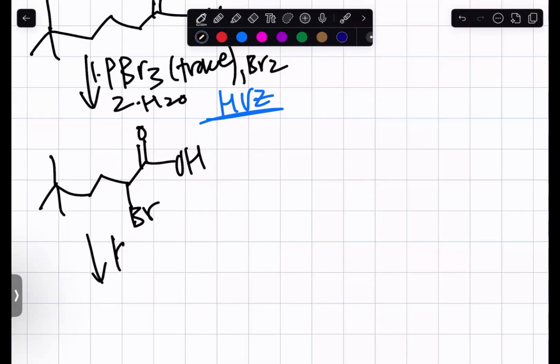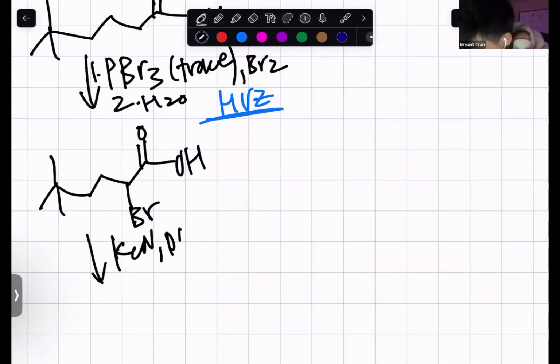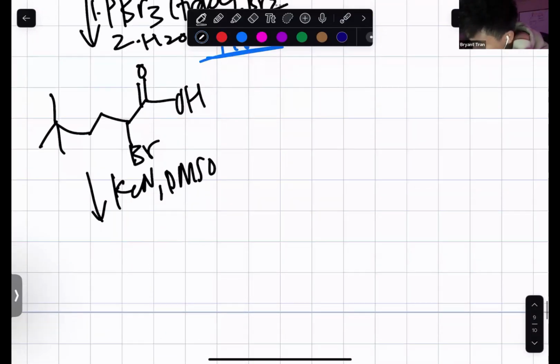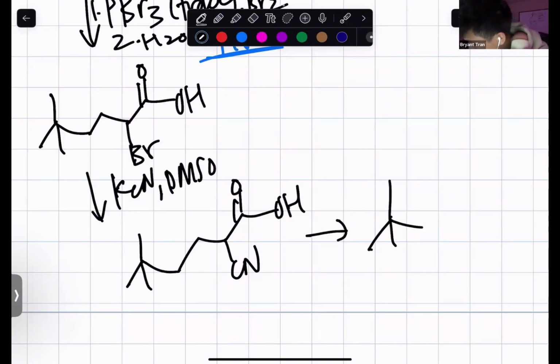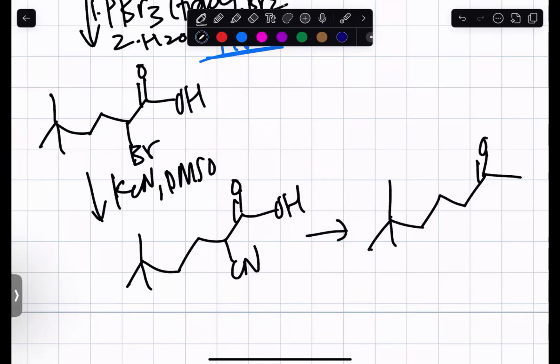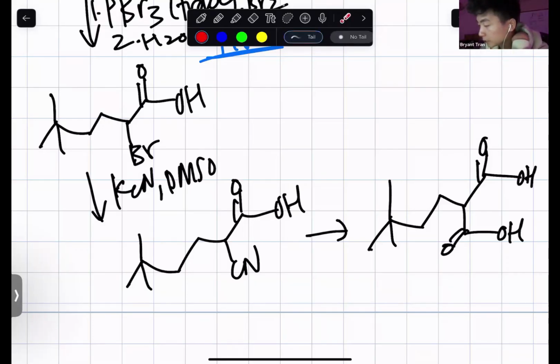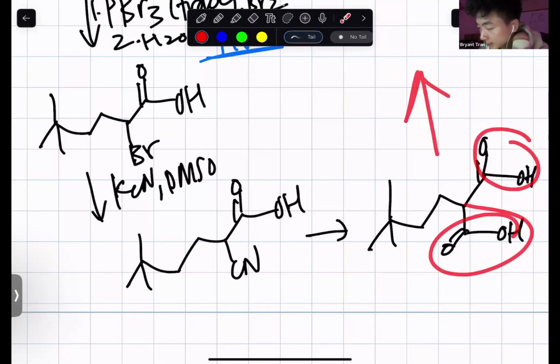Okay. So we could do KCN or NaCN to convert the Br into the nitrile CN. And then how can we convert that CN into a carboxylic acid? We would not use SOCl2 and pyridine, because that's going to convert carboxylic acids into acyl halide.